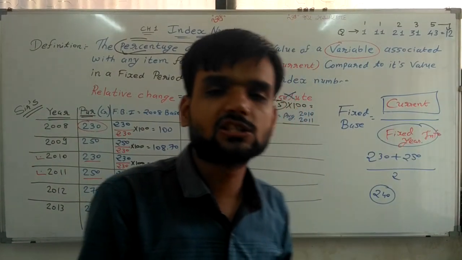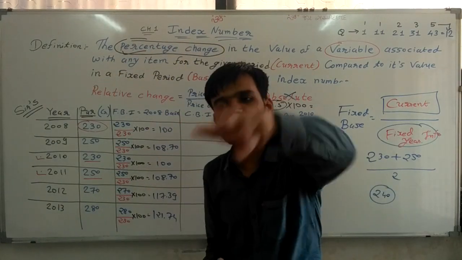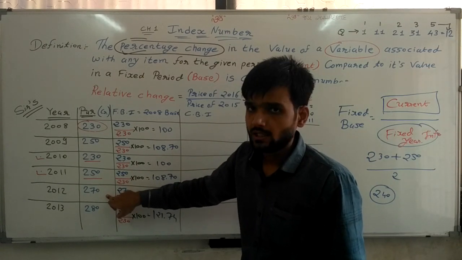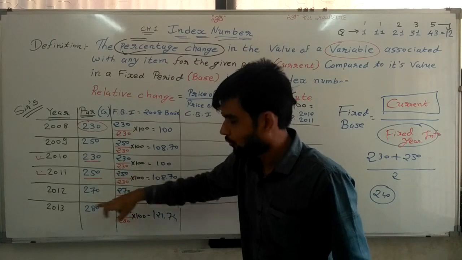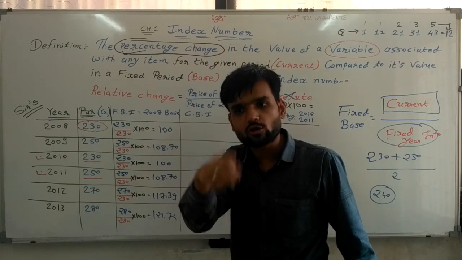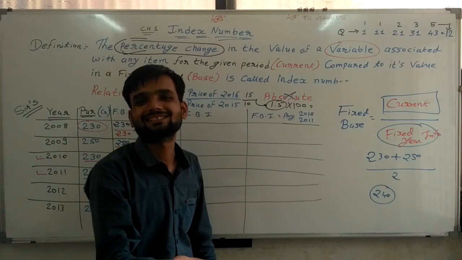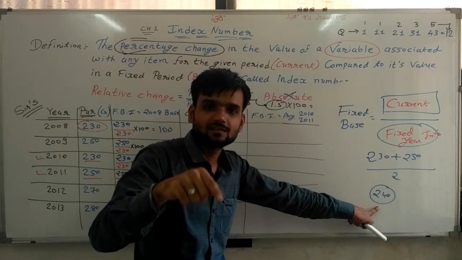So 240 is your average of 2 years. Suppose 3 years given, so total of these 3 divide by 3. Suppose 4 years given as a base, so 1, 2, 3, 4, 4 year total divide by 4 is the average. That average is taken as base. So here 240 is taken as base.